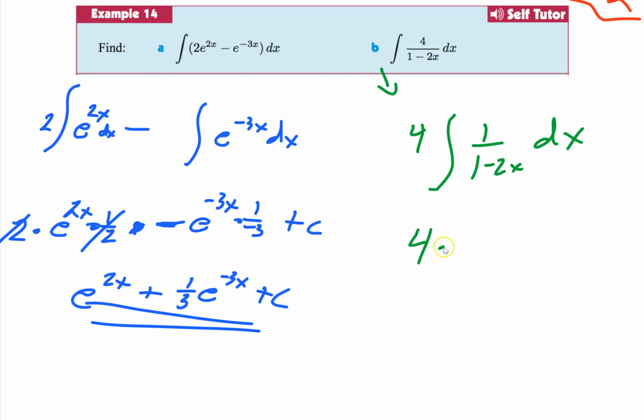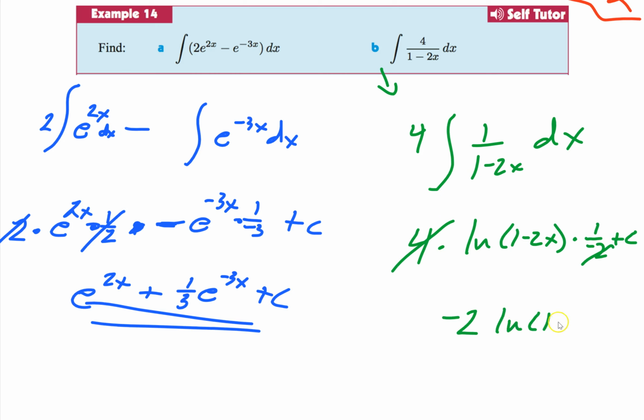So integrate the outside, natural log. Leave the inside alone, and then you divide by the derivative of the inside. The derivative of the inside is negative 2, so divide by it. Don't forget the plus c. These reduce. I get negative 2 natural log of 1 minus 2x plus c.